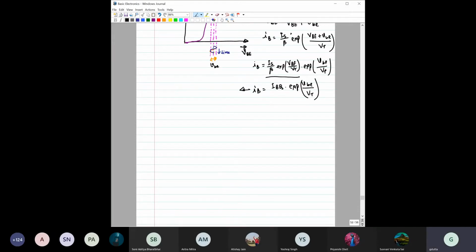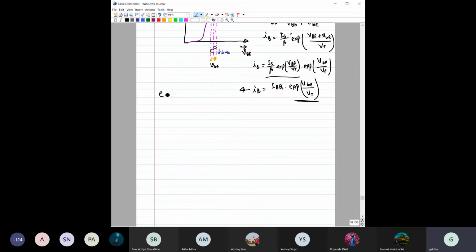From here, to save some space, we are now going to this side. Now see, this is an exponential function, basically exponential of x. And here, if this v is less than VT, or much less than VT, it is basically less than 1, then we can neglect the higher order terms.